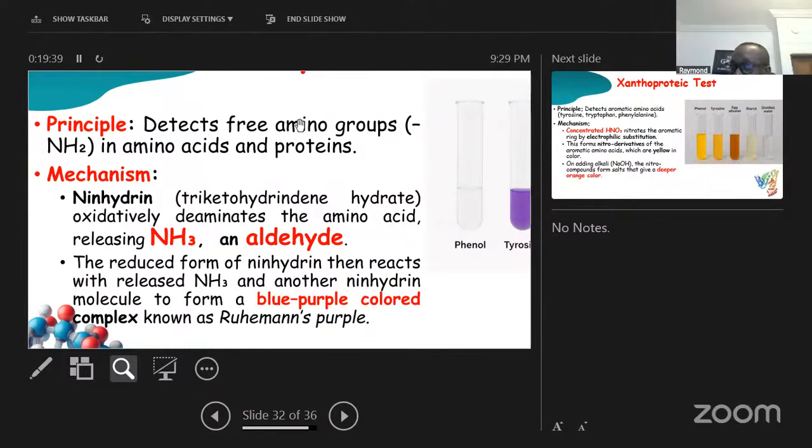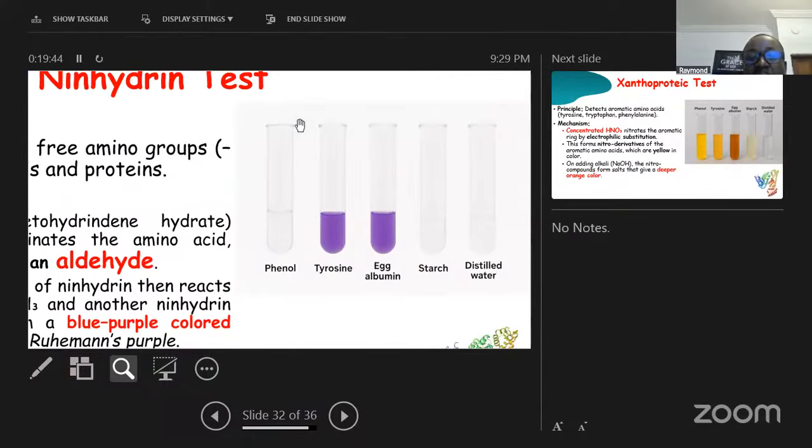Ruhemann's purple. You can see the test tubes: we have phenol, thyroxine, egg albumin, starch, and distilled water. The starch will not turn purple. The distilled water will not turn purple.